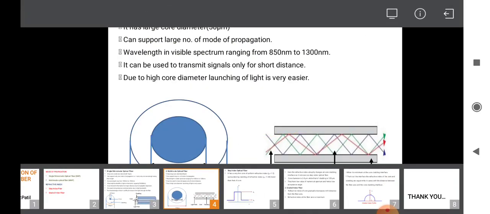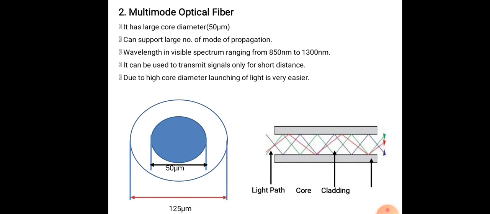This optical fiber supports a larger number of modes of propagation. If we see this second figure, there is more than one light beam. Hence we can say that this multimode optical fiber supports a large number of modes of propagation.